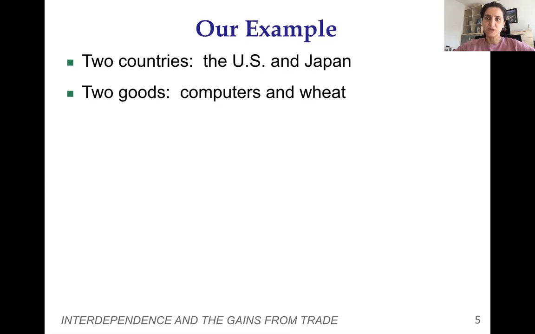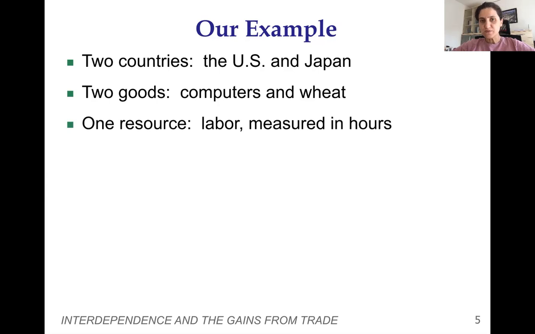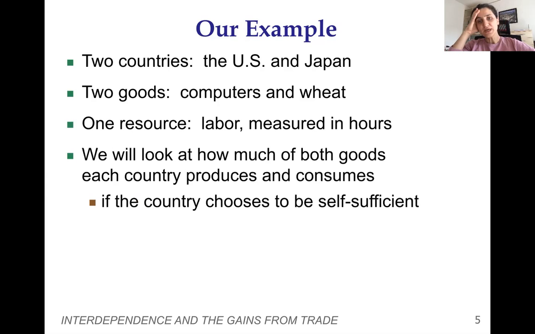technical production. Okay, they use one resource, let's say labor, measured in hours. We will look at how much of both goods each country produces and consumes. If the country chooses to be self-sufficient, it means that it chooses to consume only what it produces.